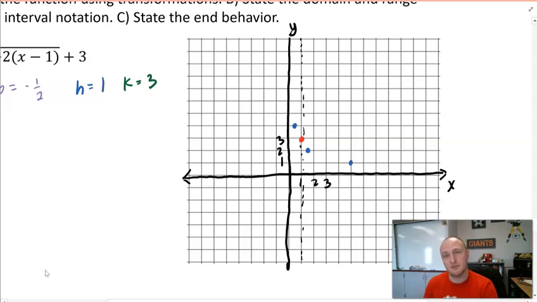Okay, same idea for the last anchor point to the right. Positive 8, comma 2. I'm going right 8, up 2. So this time I'm going to navigate left instead of right because I have the reflection. And then instead of going left 8, I'm going to go only left 4. 1, 2, 3, 4. And that's due to my horizontal compression. Up 1, 2. Okay, so there are all my points.